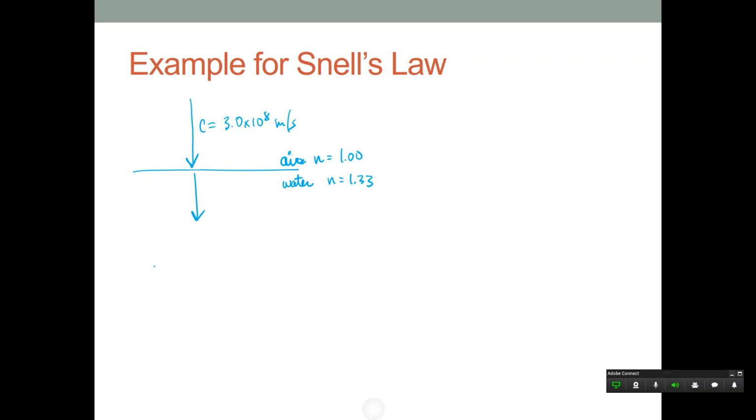So you would just use this equation here, where the incident ray is going to be 1, and the refracted ray is going to be 2. So this is going to be incident, and this is going to be refracted.